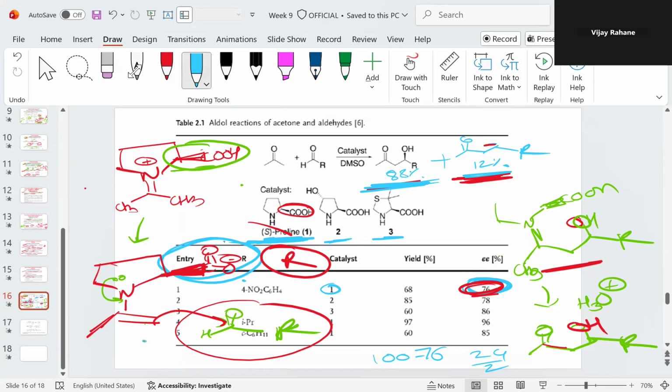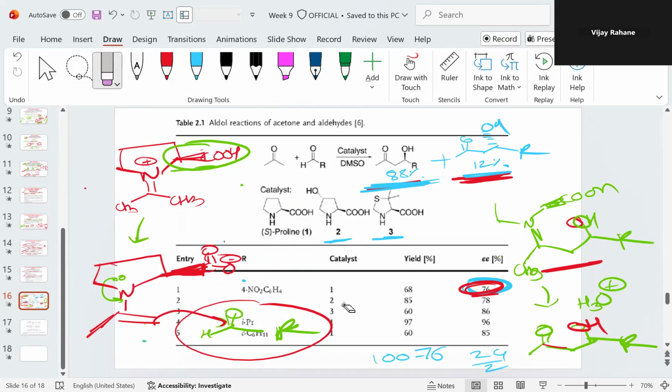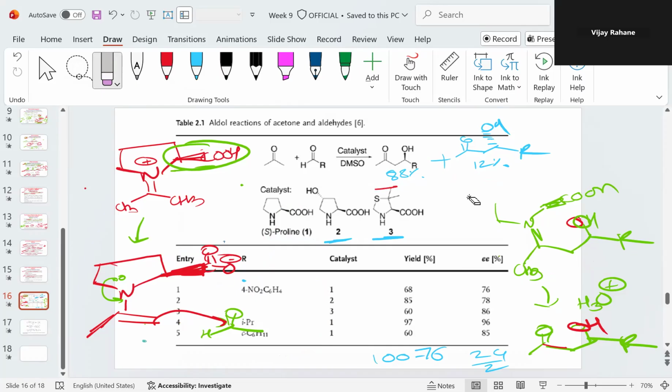So this is basically vice versa, depending upon which chiral auxiliary we are using. If you use the other enantiomer of the chiral auxiliary, we get the opposite product formation. Right. So you got some idea about how this auxiliary works.